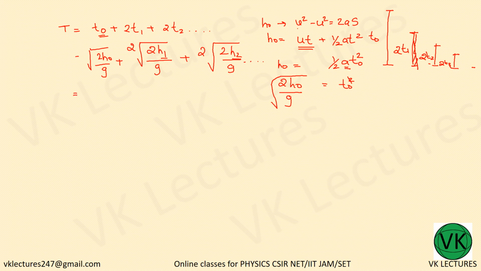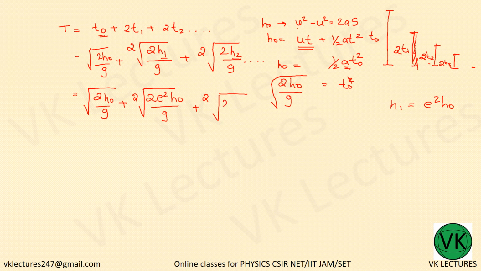So that will be root of 2 h naught by g plus 2 times root of 2 h1, and from the previous class we know h1 is equal to e square h naught, so e square h naught by g, plus again 2 times root of 2 h2, where h2 is equal to e to the power 4 times h naught, so e to the power 4 times h naught by g, and this continues.